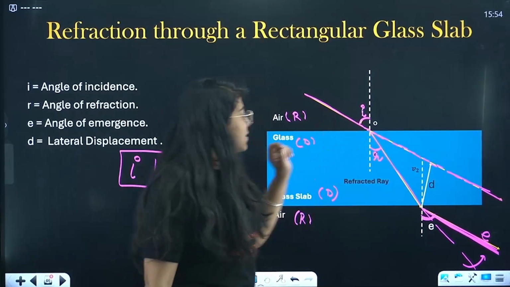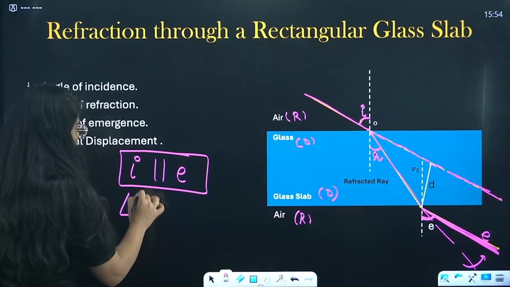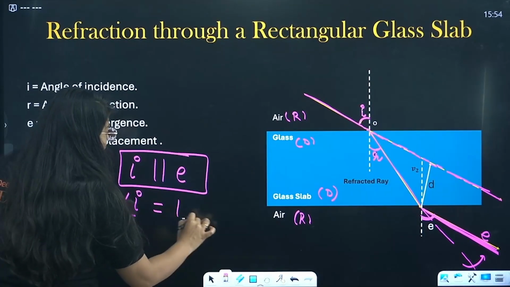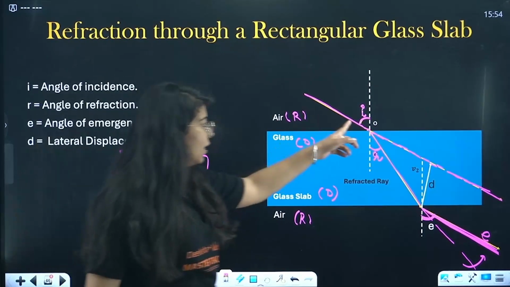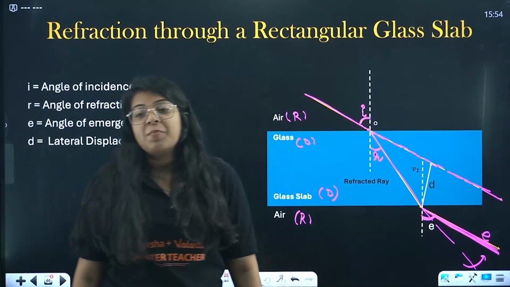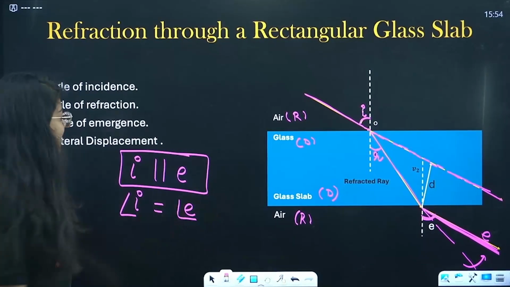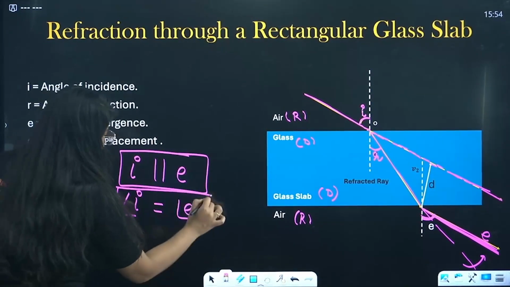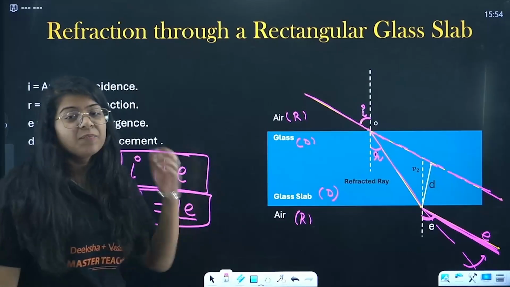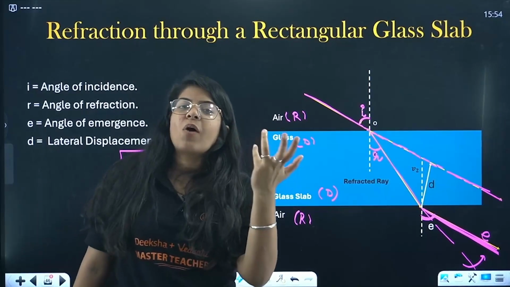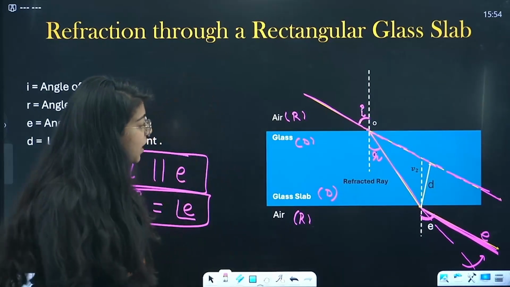And this incident angle is equal to this emergent angle. These two results are very, very important. Now you understand that, right?